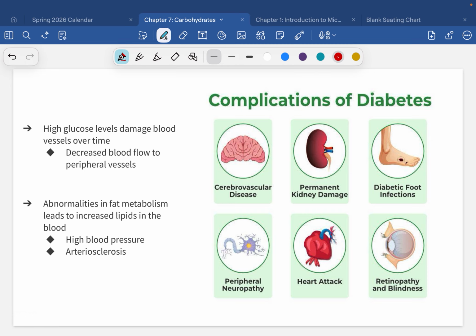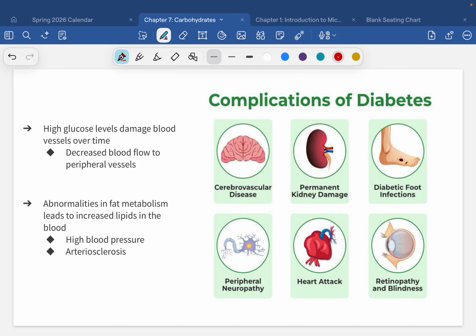All right, so complications of diabetes. Any of the types of diabetes listed can have some of these similar complications. Again, diabetic ketoacidosis is mostly associated with type 1, but all of these are related to diabetes. These are really weird symptoms to all be related: things like brain damage, kidney damage, heart attacks, blindness.